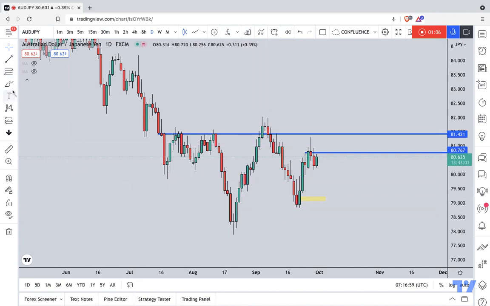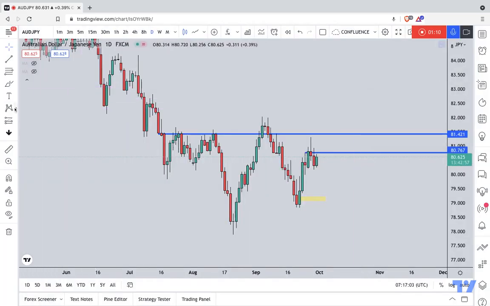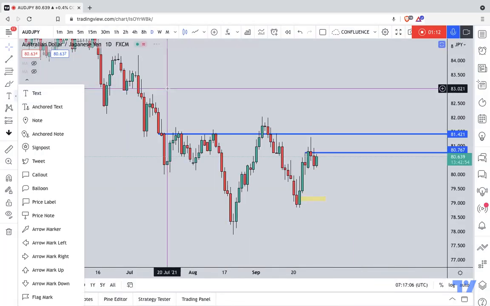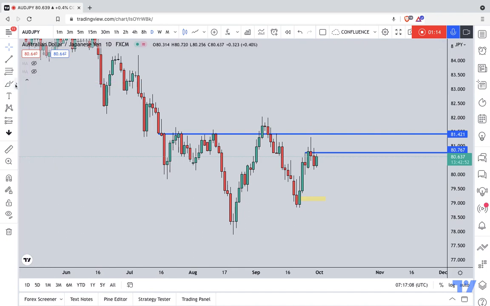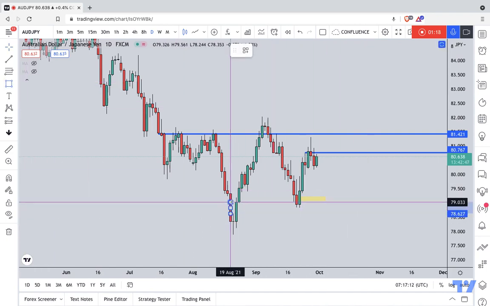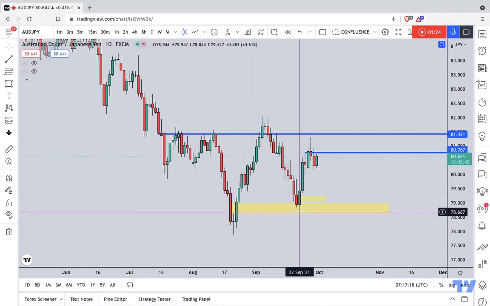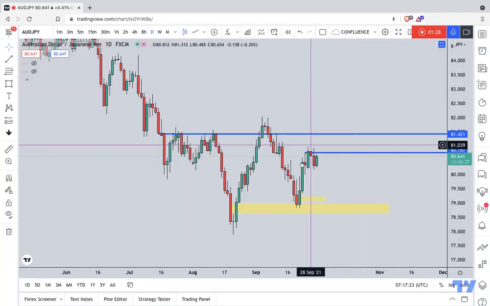Price was very much inefficient. Excuse me. Price was delivered in a very inefficient way, the way it bounced. So it just makes sense for price to come back and tap into this area here. So this bounce here, what's going on?